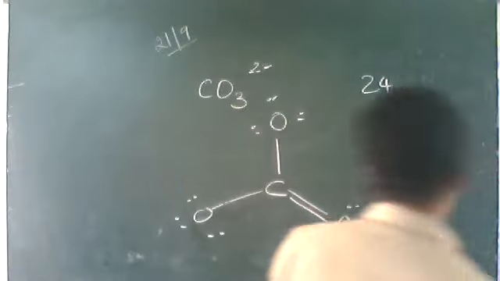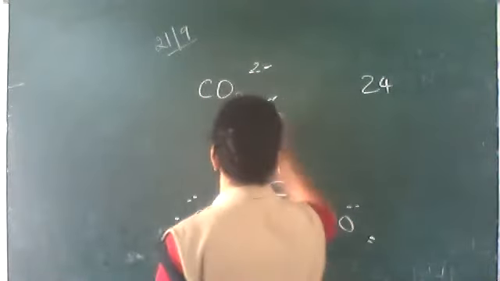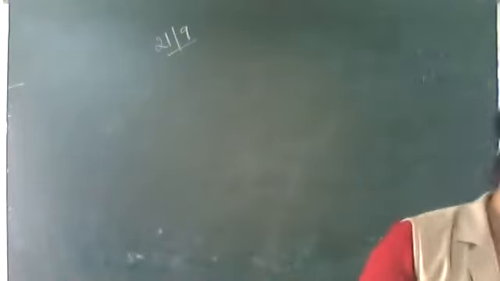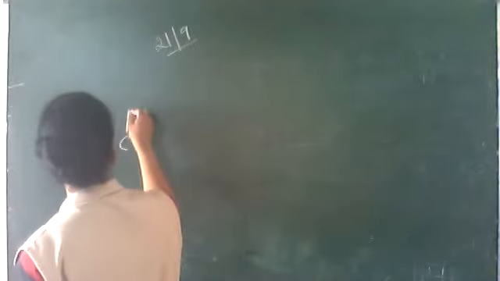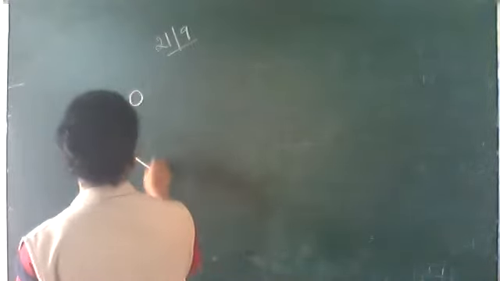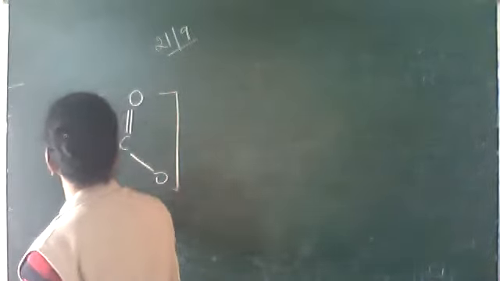So I'm going to write the canonical forms of these. Three structures. Two minus. How is this 2 minus?